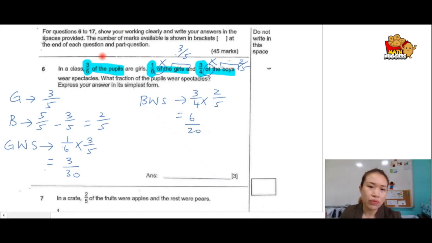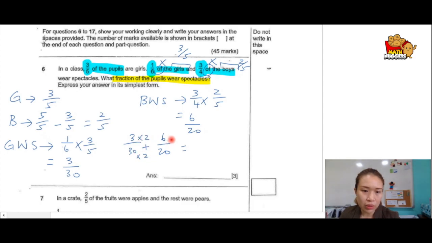So the question wants us to find what fraction of the pupils wear specs. So we're going to add up the two fractions that wear specs. We have 3 out of 30 plus 6 out of 20. This is paper 2, you're allowed to press the calculator, but I'm just going to do my working.